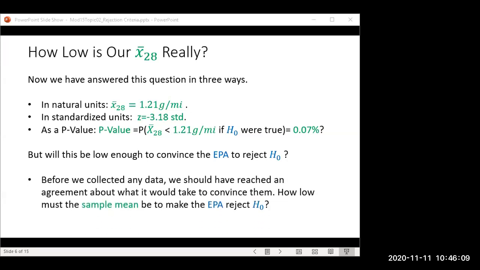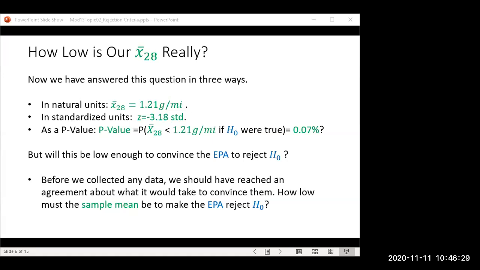I don't know. What does it take? Before we calculated any data, we should have reached an agreement about what it would take to convince them. Best if you can establish that up front. Don't want anyone to change the rules on you.